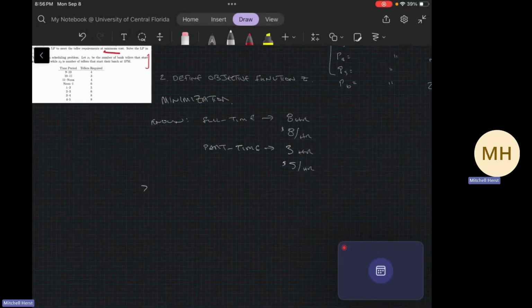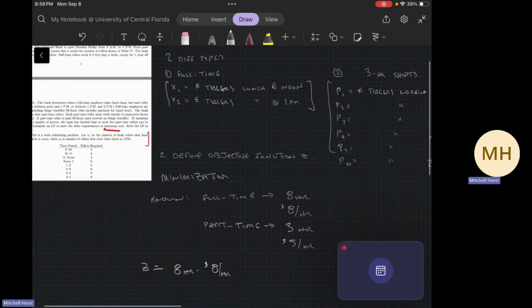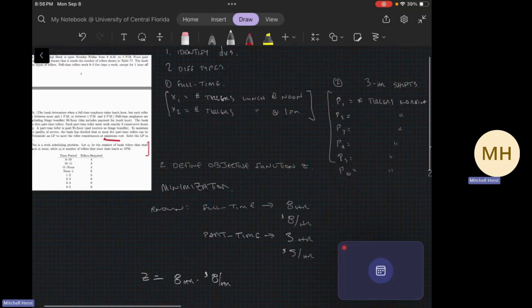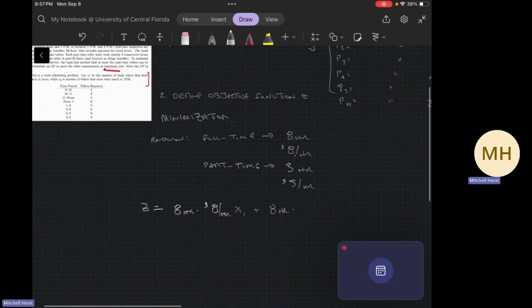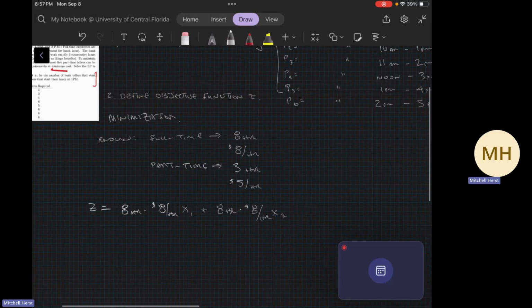So we can kind of put all that together with Z. So Z will be 8 hours times $8 an hour times our first decision variable x1 plus 8 hours times $8 an hour times our second decision variable.